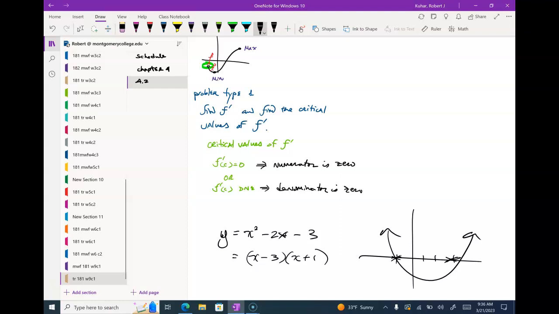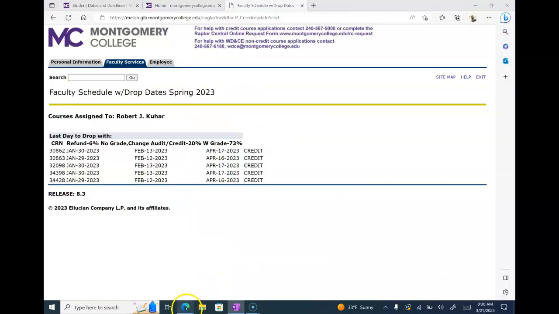And we've been torturing you with all of this algebra so that you could be ready for calculus, right? So zeros of the numerator, zeros of the denominator of the derivative, right? Let's do one. Let me open the textbook.